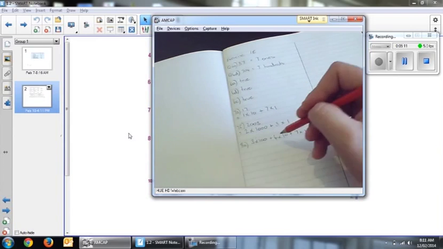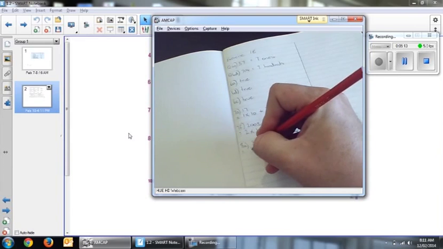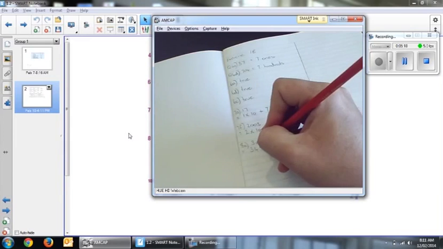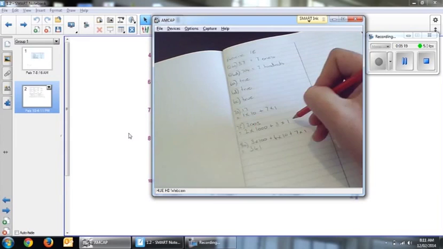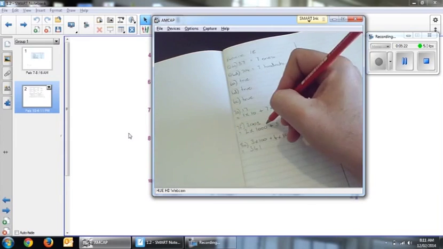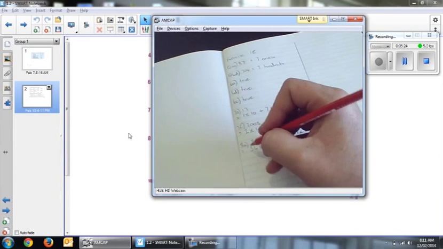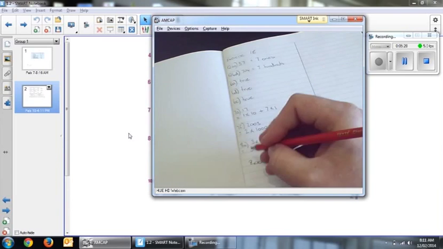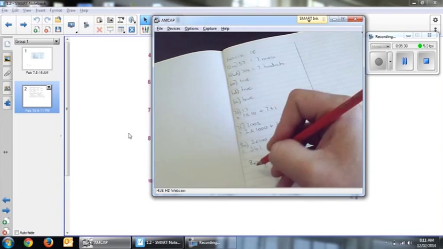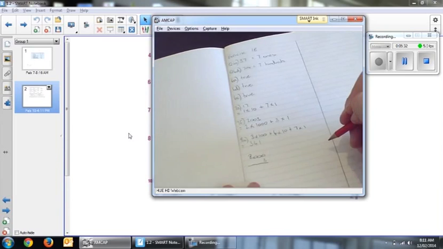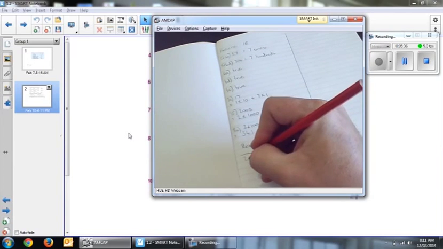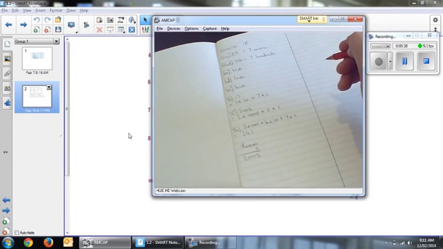In this instance, we have 3 hundreds, so it would be very easy for me to put 3, and then we have 4 tens, and then we have 7 ones. But if you have something like this, sometimes it can be better to add them up individually. So you could put 2000, and then you could put 3, placing them in their place value columns, and then obviously just adding them up at the end. That can avoid you getting confused.